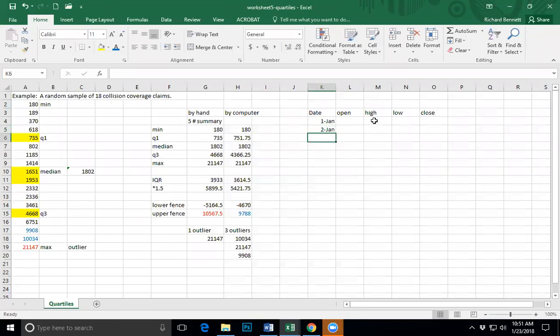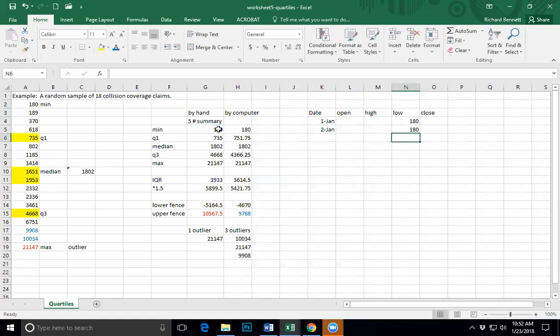Now, the high, I'm not going to do that first. Let's do the low. I want you to use either the low or the minimum. Do we have any outliers on the low side? No. So in this case, I'm going to use the minimum, which is 180 and 180.